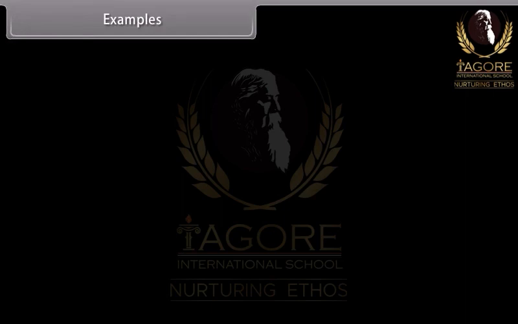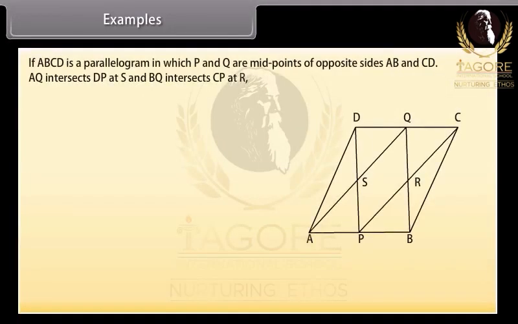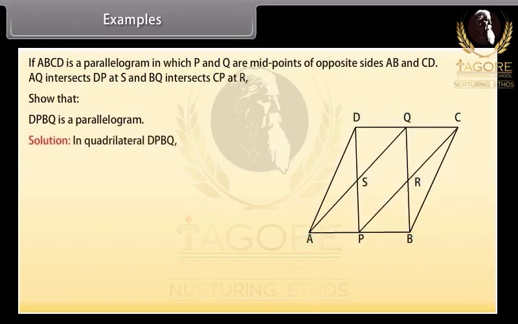Example: ABCD is a parallelogram in which P and Q are midpoints of opposite sides AB and CD. AQ intersects DP at S, and BQ intersects CP at R. Show that DPBQ is a parallelogram. Solution: in quadrilateral DPBQ, DQ is parallel to PB since DC is parallel to AB.